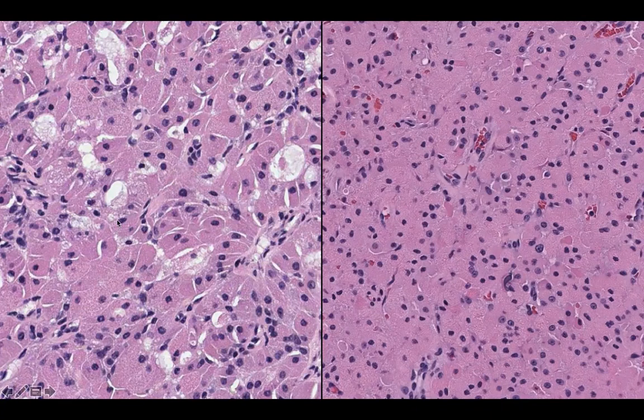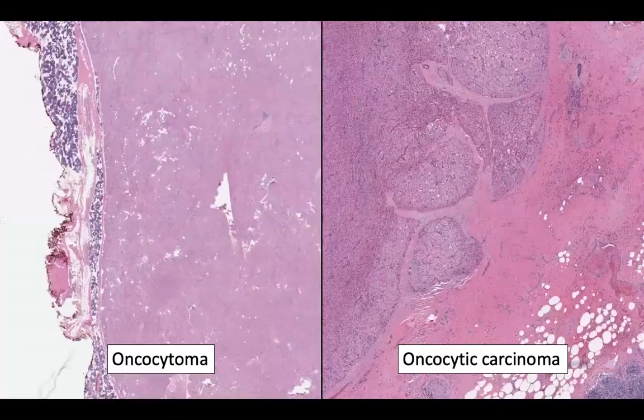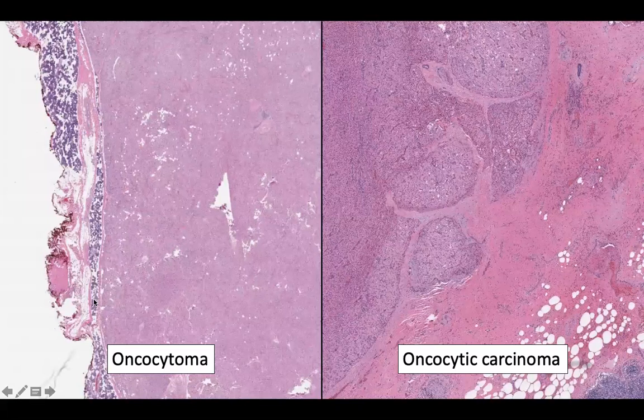So these are pure populations of oncocytes, both on the left and right. Now, one of these is benign and one of these is malignant. And really, you can't tell at this power. It's really impossible to say which one's going to be benign and which one's going to be malignant. But if we zoom out, we see the one on the left actually is completely circumscribed and has a very thin capsule. So this is an oncocytoma, whereas the one on the right is infiltrating. So this was an oncocytic carcinoma.